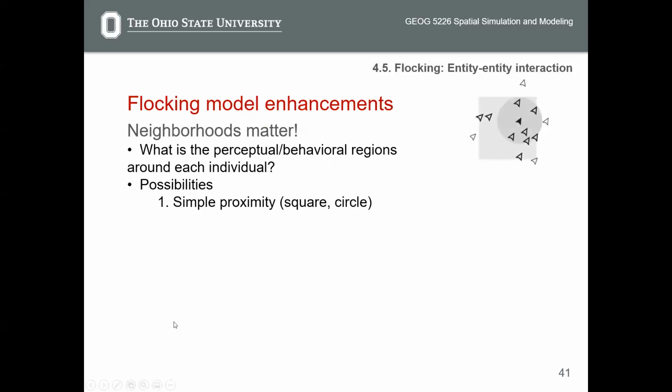For example, we can use a simple proximity, a square or a circle, to define the neighborhood of a target. For example, this solid black bird here is the bird of interest, right? If we use a circle to define the neighborhood, then these birds with bold black boundaries are neighbors. Neighbor 1, 2, 3, 4, 5, 6.